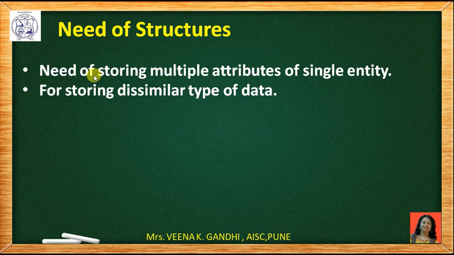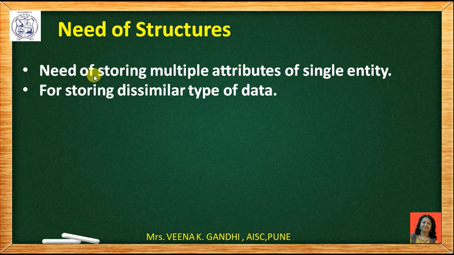But if we want to store employee information or student information, then we need to store the employee's attributes, like employee number, employee name, employee address, birth date, joining date, and salary. So we require to store 6 attributes.